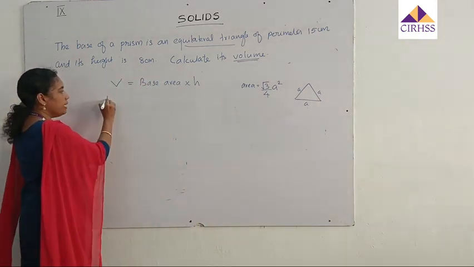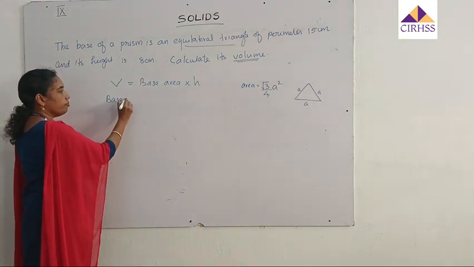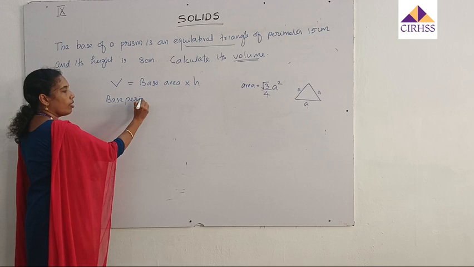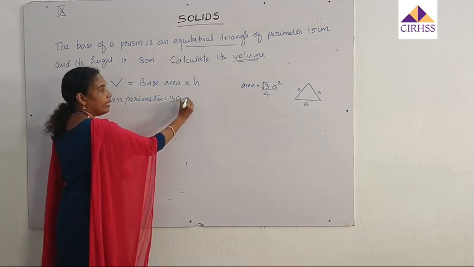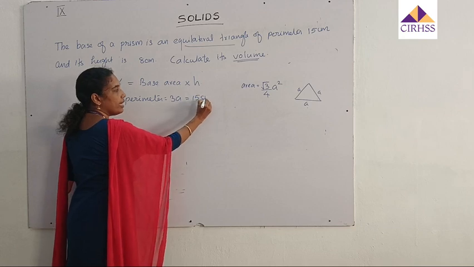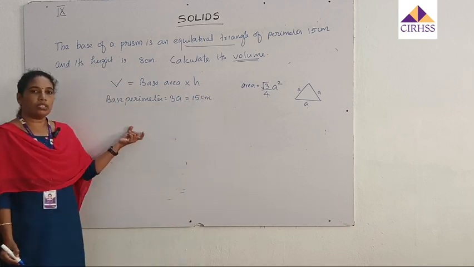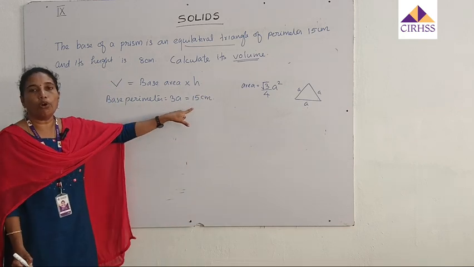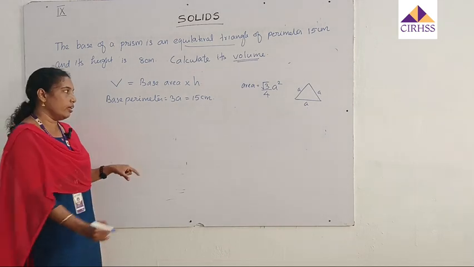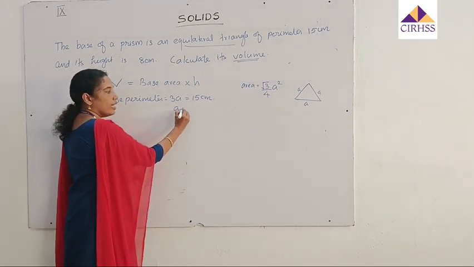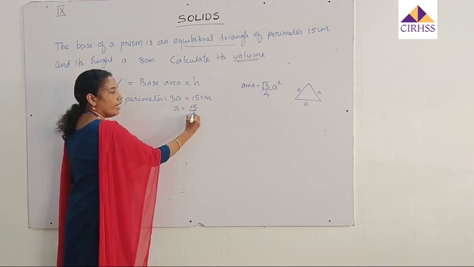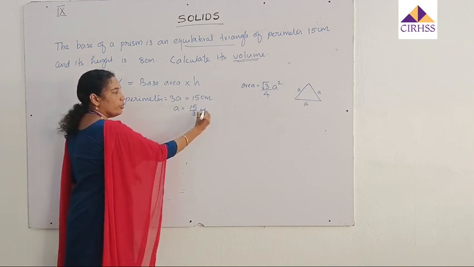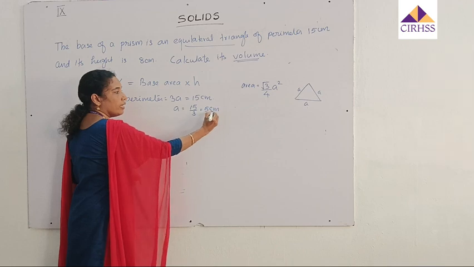We can write base perimeter 3a, that is given as 15 centimeter. From this we can calculate side of equilateral triangle. Okay, so what is side? Side equal to 15 divided by 3, that's equal to 5 centimeter.